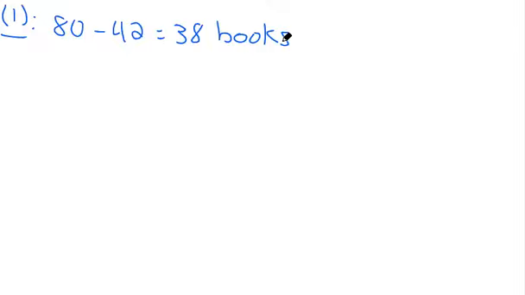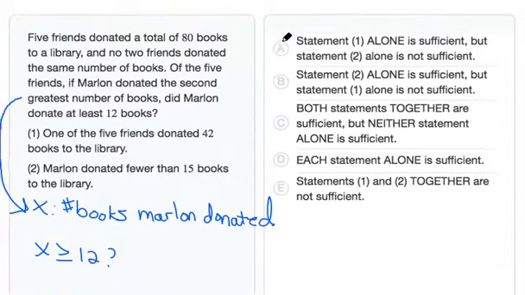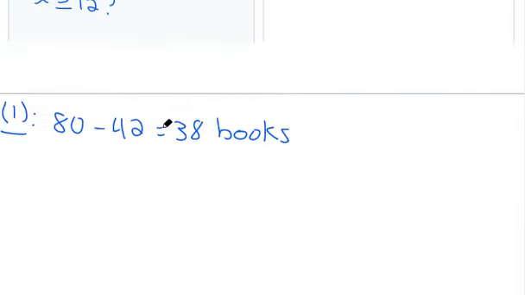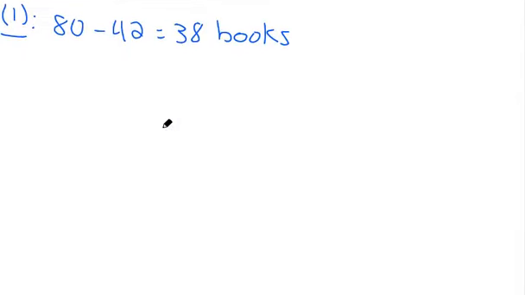Remembering that X represents the number of books that Marlon donated, the question says that Marlon donated the second greatest number of books. So if we're considering the least amount of books that Marlon could have donated, we can set up an equation.